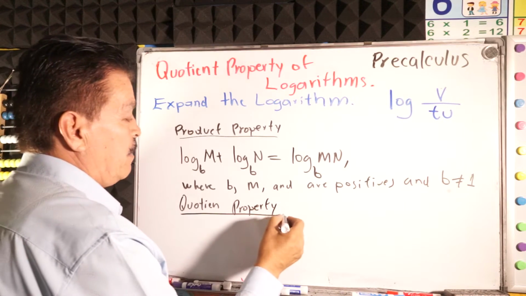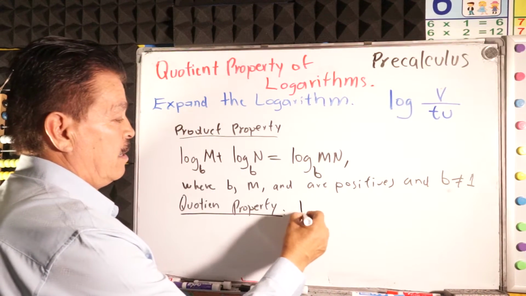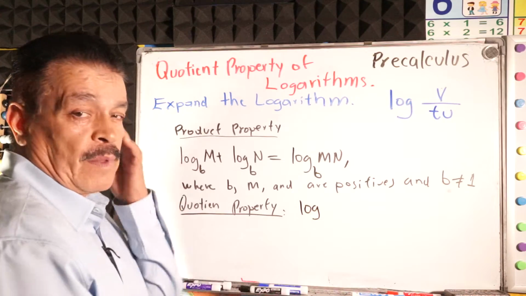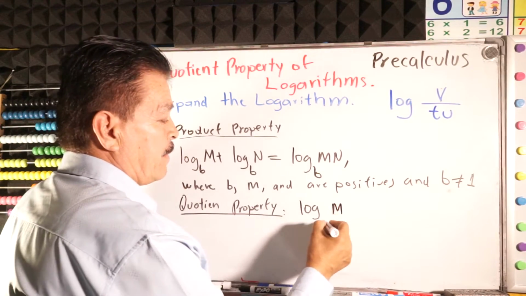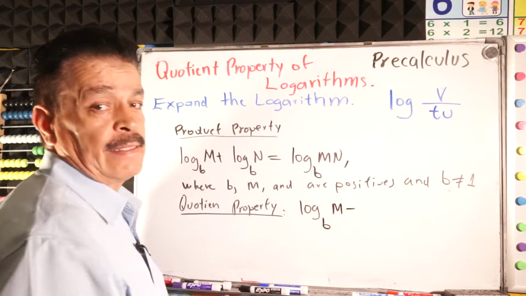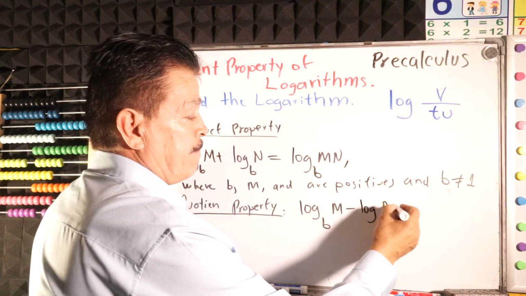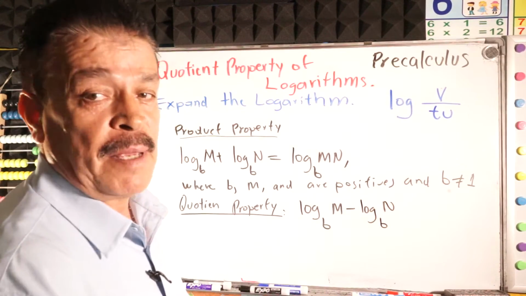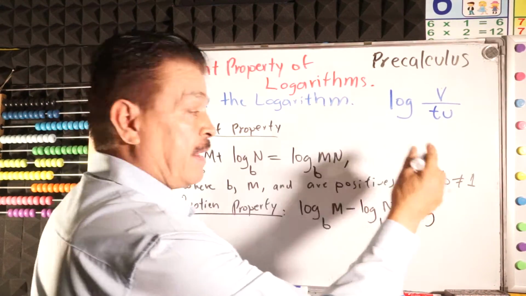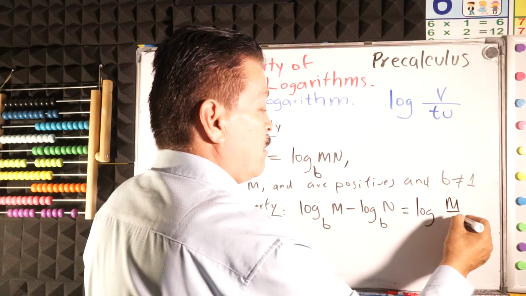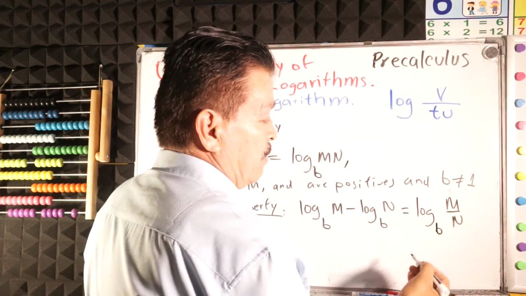The quotient property is like this: log m with the base b minus, here you have to subtract, log n with the base b. So this equals log of m divided by n.